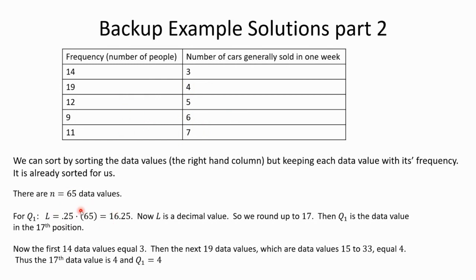There are 65 data values. So in this case, L would be 0.25 times 65. And of course, you want to use a calculator for that. Namely, 0.25 times 65, that's 16.25, which is a decimal value.